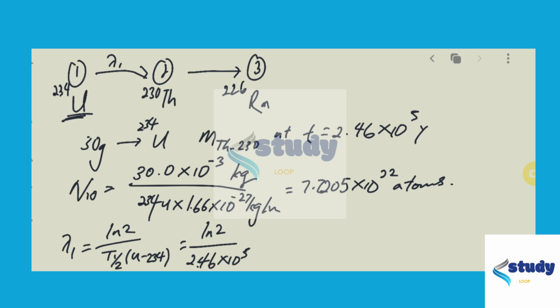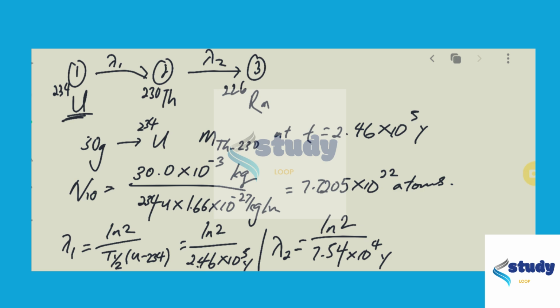And then for lambda 2 is the decay rate of thorium. This is ln 2 over the half-life of thorium, which is 7.54 times 10 to the power 4. Alright, we are keeping the units in terms of years, right?